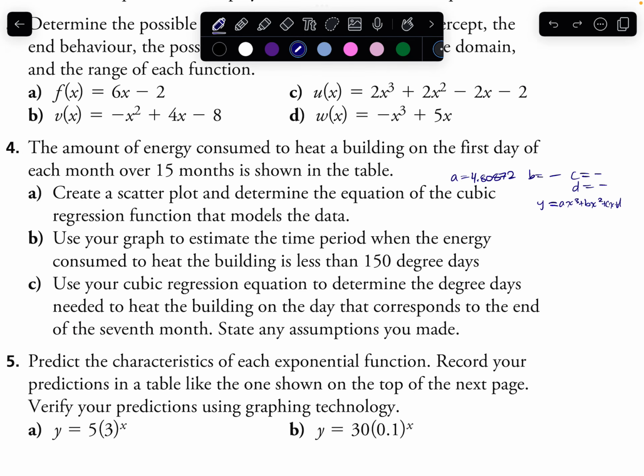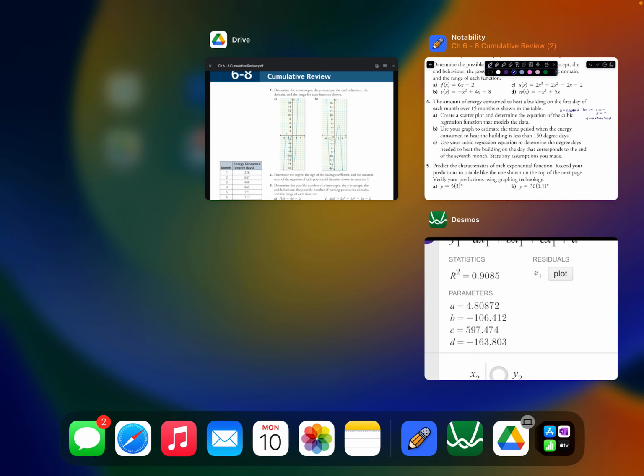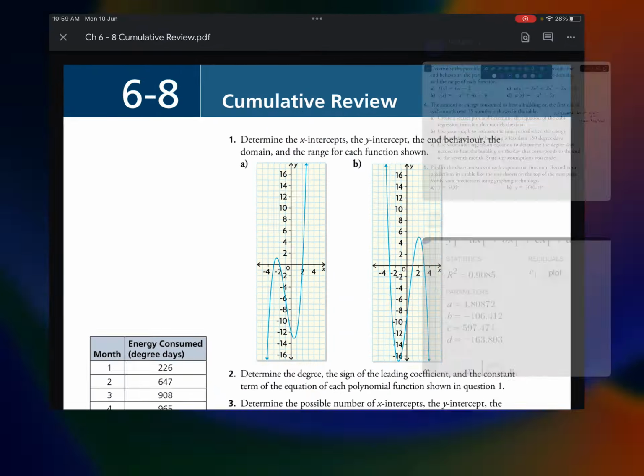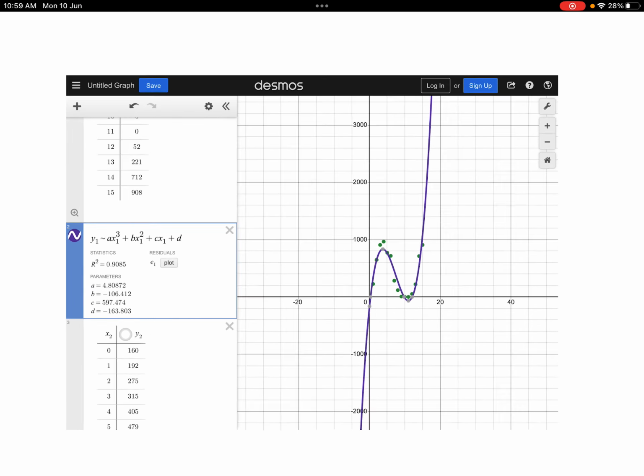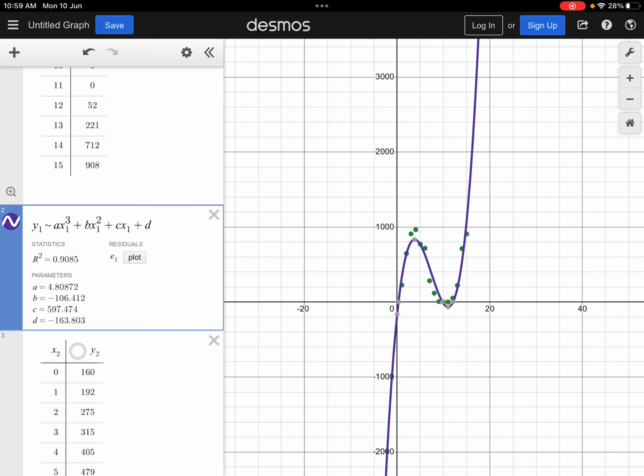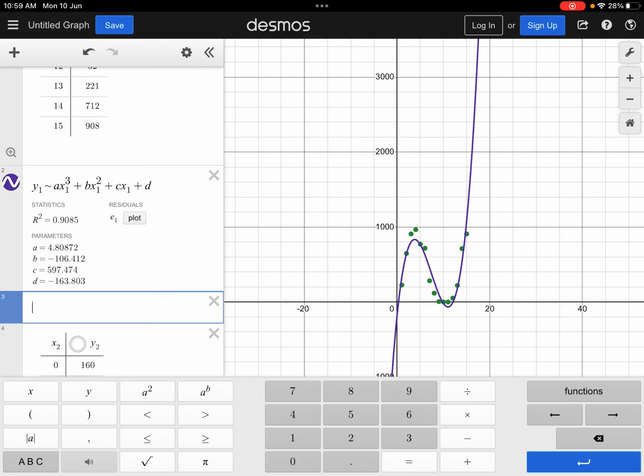Okay, use your graph to estimate the time period when the energy consumed to heat the building is less than 150 degree days. Okay, so the amount of energy used is our y-axis, so we're going to add an expression and say y equals 150.